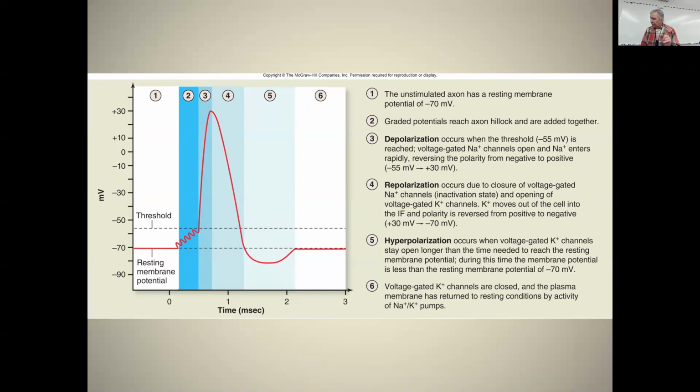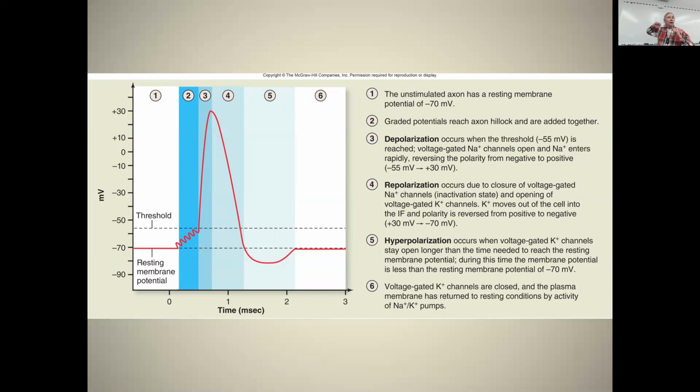Inactivated, you can't. So this whole repolarization phase from here down to here is called the absolute refractory period, because sodium gates are inactivated and nothing is going to open them up. Now the after hyperpolarization, right down here, is called the relative refractory period, because sodium gates are now closed, which means they can be reopened, but they're farther away from threshold than normal.